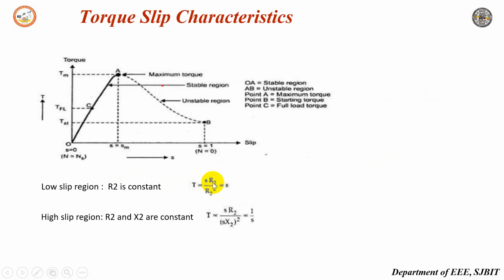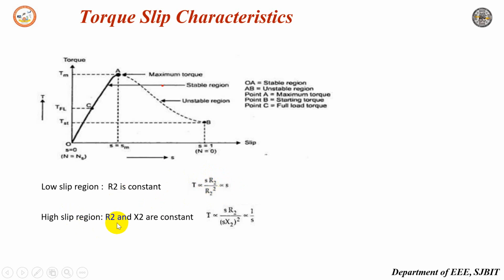Due to this, the term S into X2 is small comparatively to R2, so it can be neglected. So you get only S into R2 divided by R2 square, which is proportional to S, if R2 is constant.